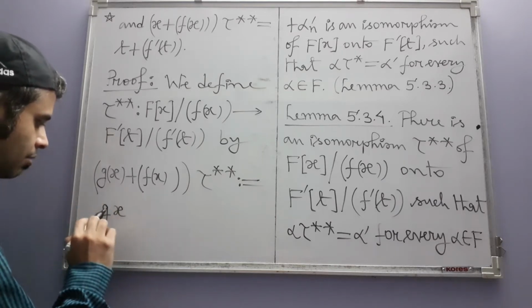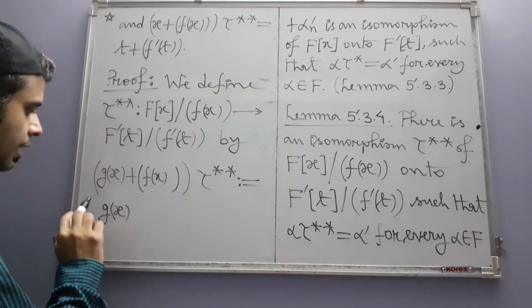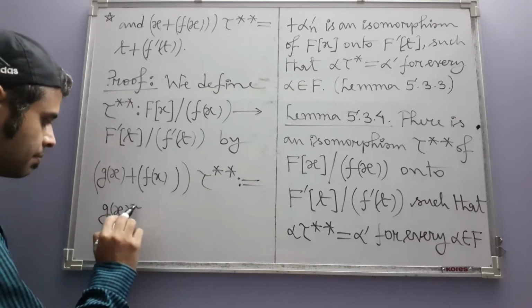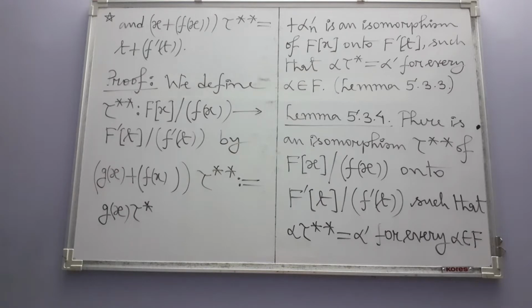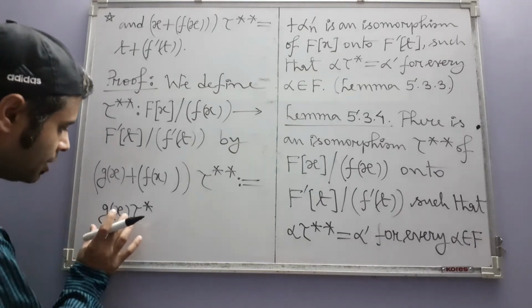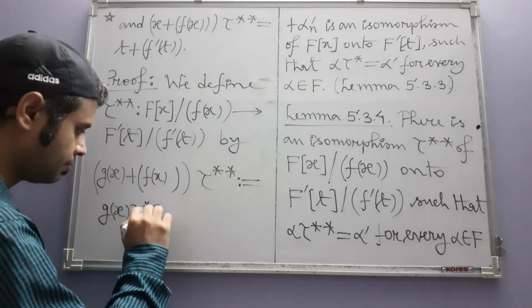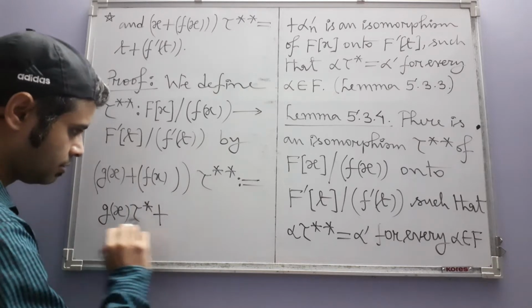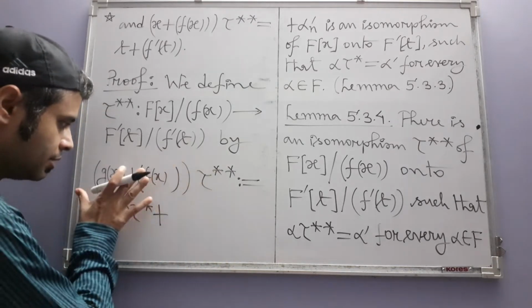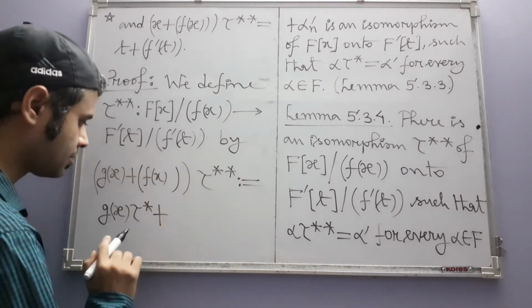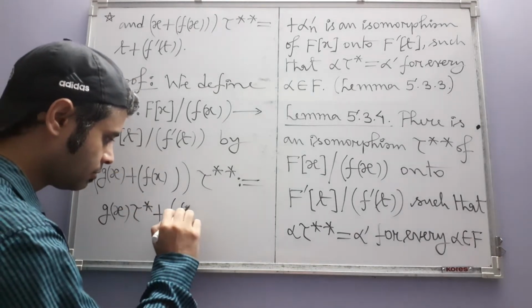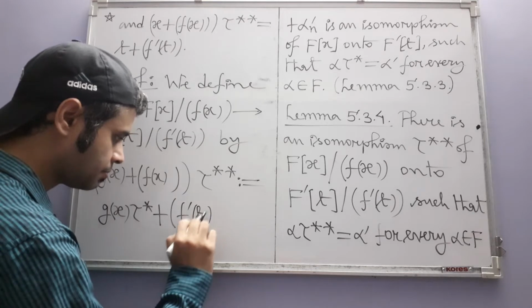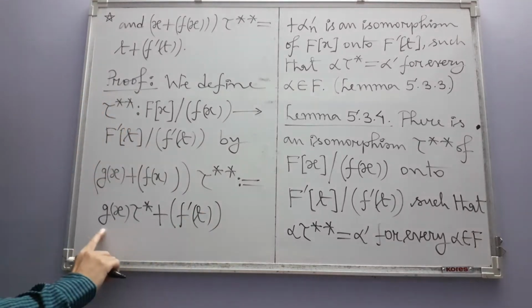So what I do, I apply tau star on this polynomial. So here I have written the image of g(x) under tau star, and the image of this thing under tau star star is the coset of this principal ideal generated by this.